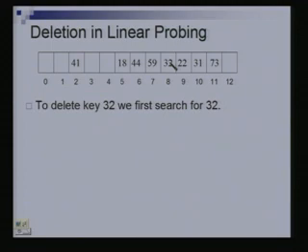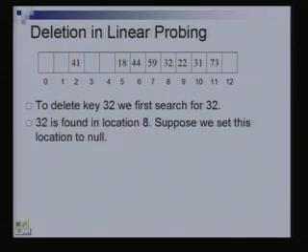So what should I do? Should I remove 32? 32 is found in location 8. Now suppose I just remove it by setting this location to null. Is this a good idea? No. Why is this not a good idea?